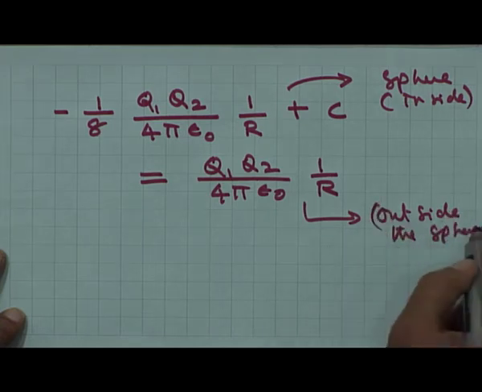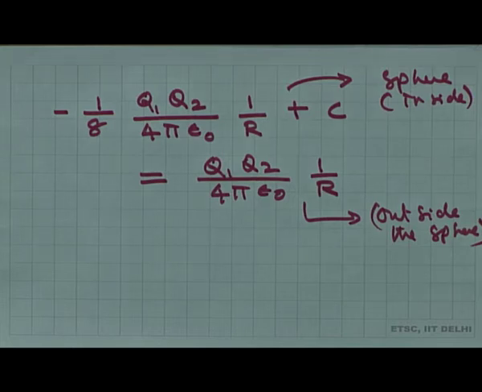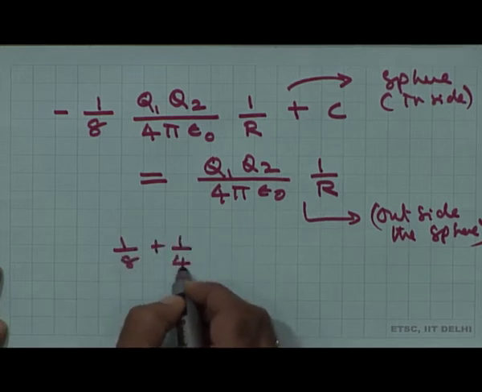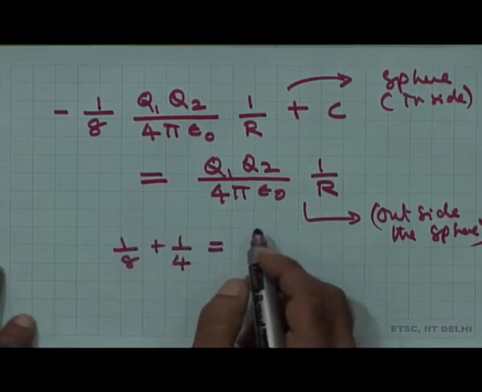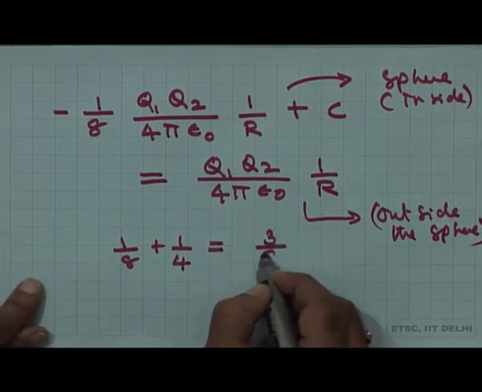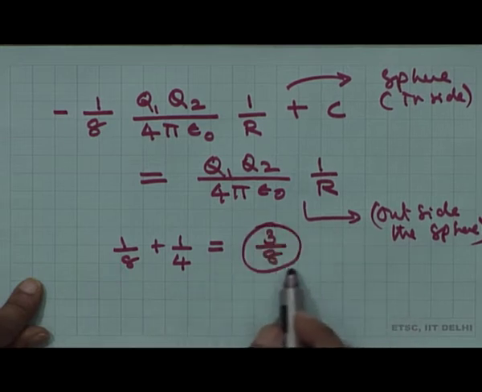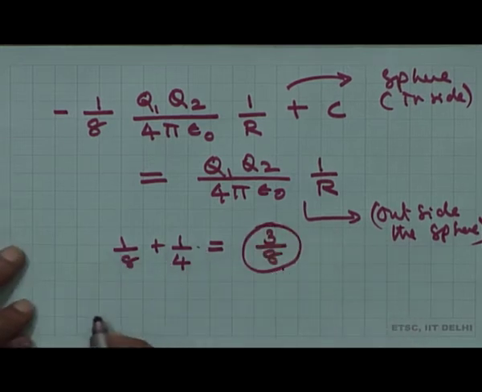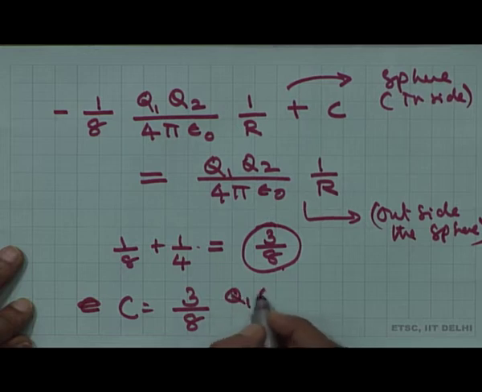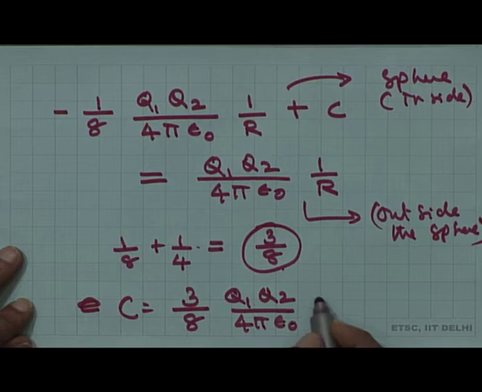And at the boundary we match. Now my c can be easily fixed. So I am going to get 1 over 8 plus 1 over 4, which is 3 by 8. So if I put an 8 here, I get 3 by 8. Therefore my c is 3 by 8 q1 q2 over 4 pi epsilon naught into 1 over R.